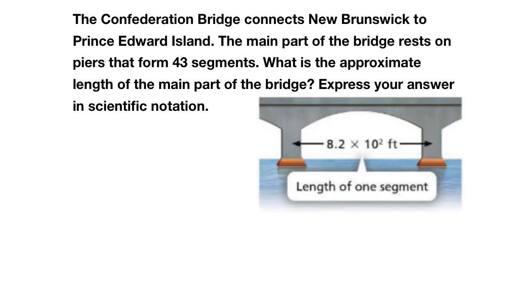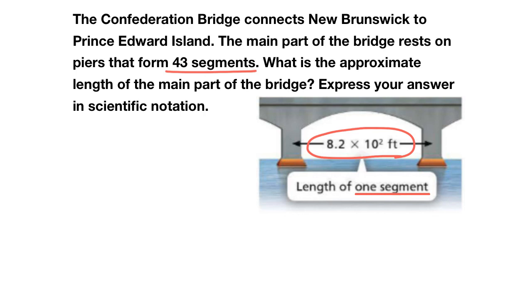The Confederation Bridge connects New Brunswick to Prince Edward Island. The main part of the bridge rests on piers that form 43 segments. What is the approximate length of the main part of the bridge? Express your answer in scientific notation. In the picture, we see that the length of one segment is 8.2 times 10 to the 2nd power feet. The question wants to know the total length of the bridge when it has 43 segments.